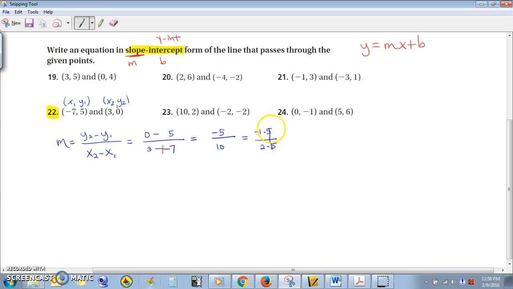So these divide out. Negative 1 times 1 is negative 1. So I got a negative divided by a positive, so my slope is negative 1/2. So my slope is negative 1/2.